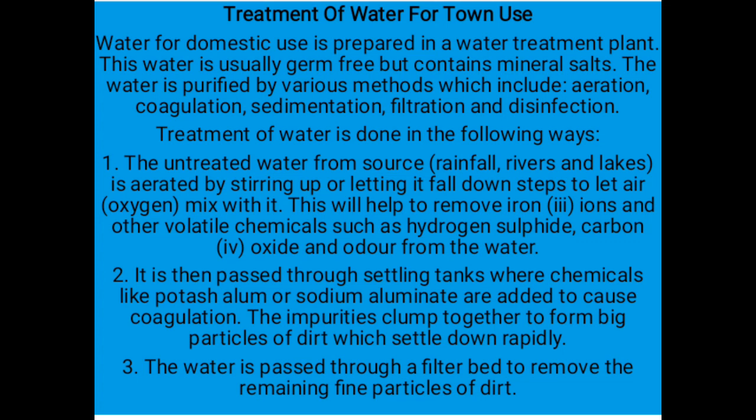So the water is passed through settling tanks where chemicals like potash alum or sodium aluminate are added to cause what? Coagulation. The impurities clump together to form big particles of dirt which settle down rapidly. That is the second one.